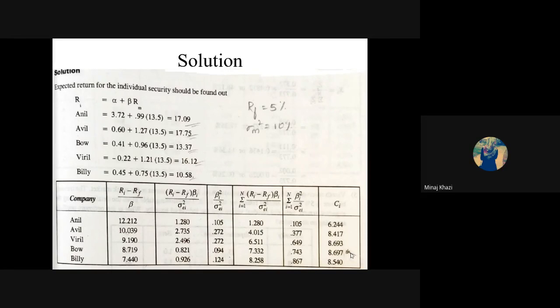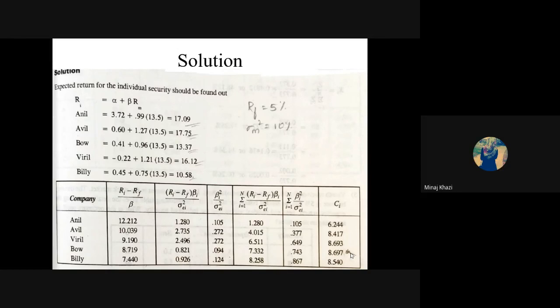The first security is Anil: alpha, which is given in the problem, 3.72, plus beta value 0.99 into market return 13.5, which, calculated, equals 17.09.